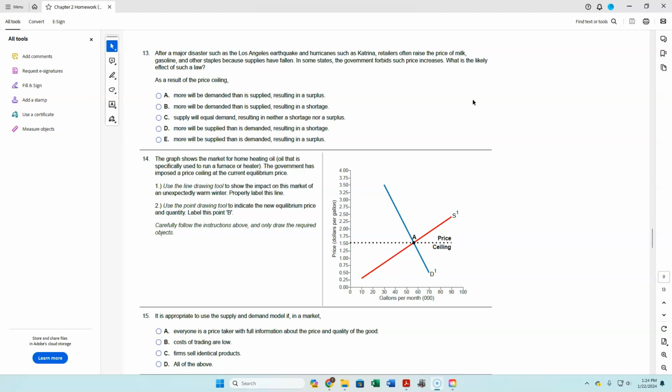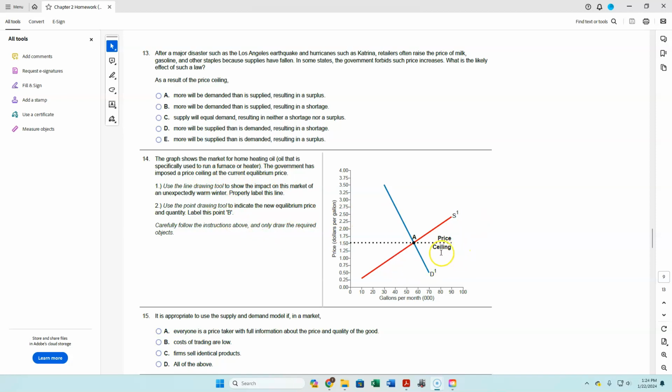Okay, number 14. Number 14 here is that what you need to do is shift your demand curve, because in this case, you've got a price ceiling imposed, but then the winter is a little bit warmer.